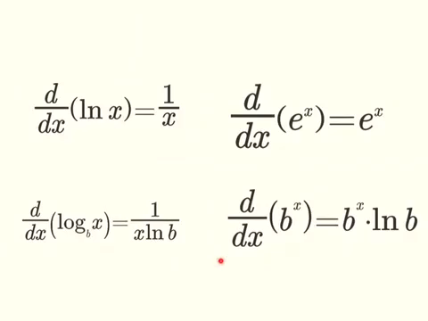In part 1 of these videos, I started by proving this: the derivative of e to the x is equal to e to the x. And from there was able to prove the derivative of b to the x, the derivative of the natural log of x, and the derivative of the log base b of x.